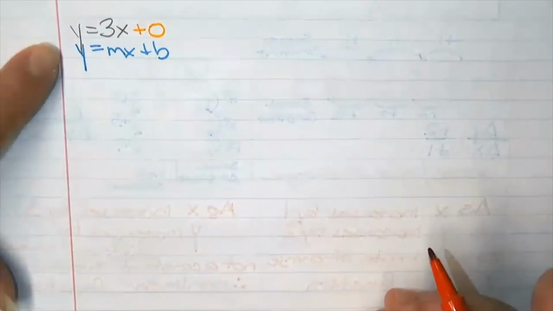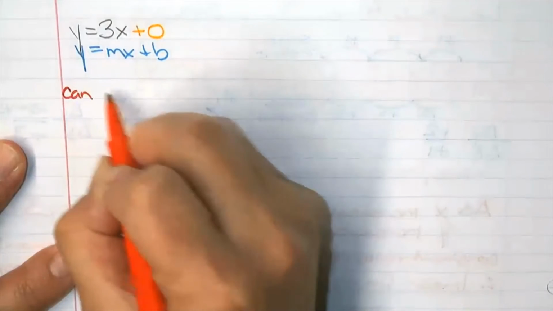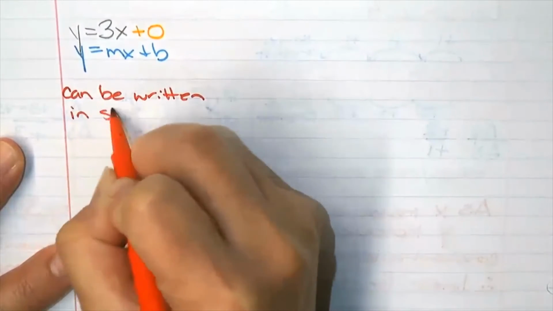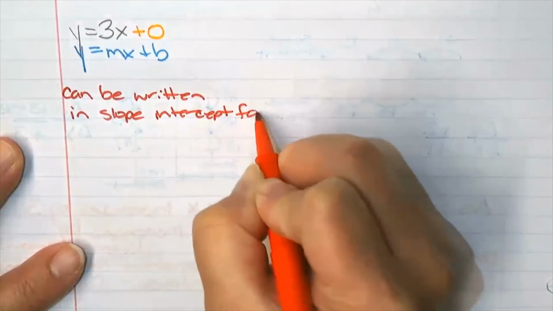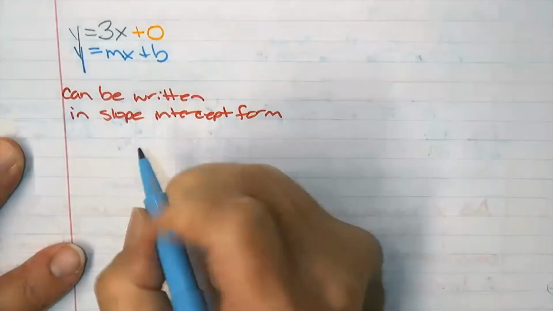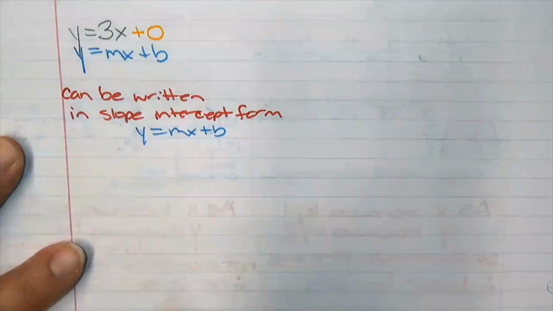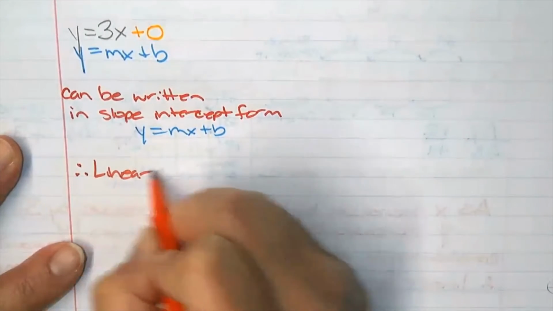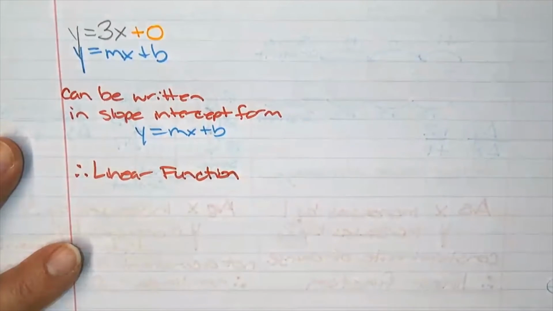So this can be written in slope-intercept form, y equals mx plus b. Therefore, this is a linear function.